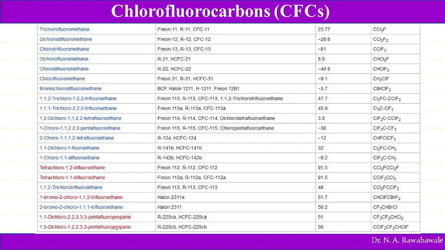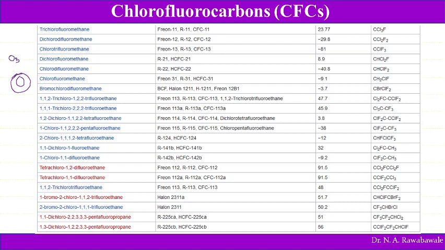Chlorofluorocarbons, CFCs in short, are certain chemicals which are harmful to the ozone layer. What is this ozone layer? If we see, this is the earth, and around this earth there is a layer of O3.